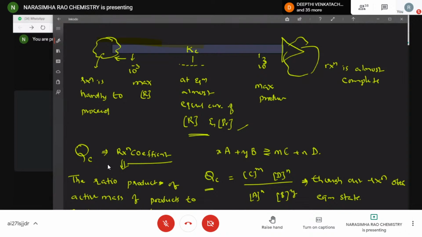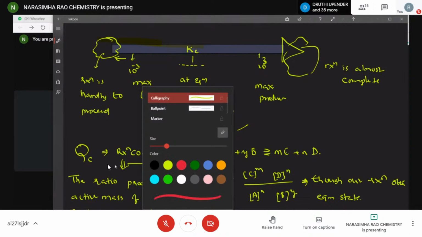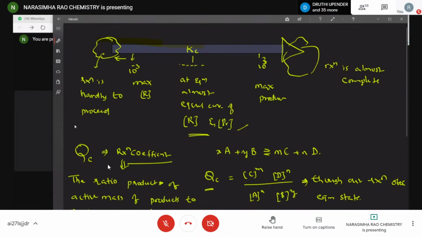This is a prediction of reaction. Already I told you, if the Kc value is greater, the reaction is almost completed.